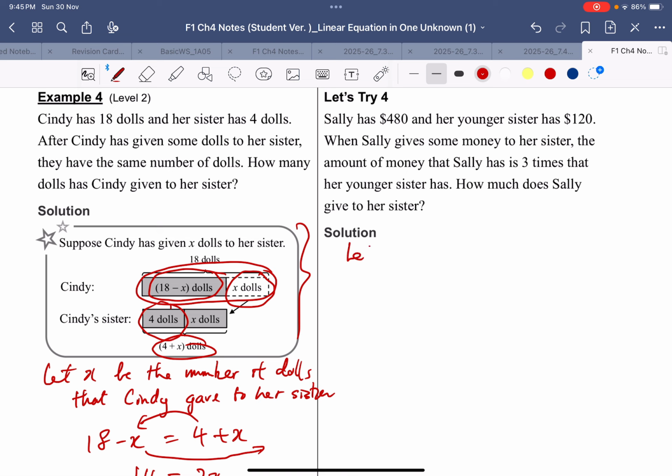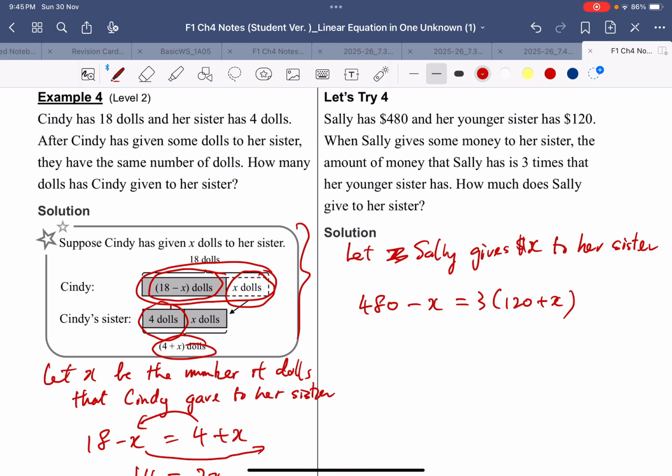Pause it. Let Sally give x dollars to her sister. So 180 minus x equals 3 times 120 plus x. Right?